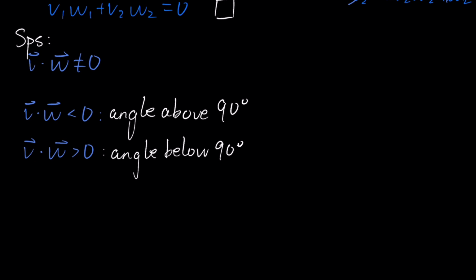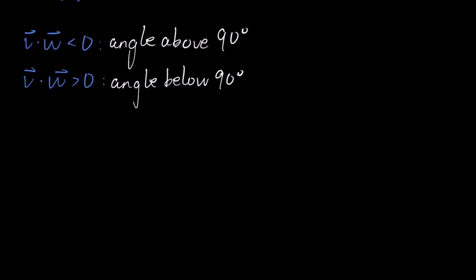Now, according to this observation, we can actually derive a trigonometric relationship of the dot product. So we can actually express dot products in terms of cosines. And let's start this definition with unit vectors. So we have a property of trig.